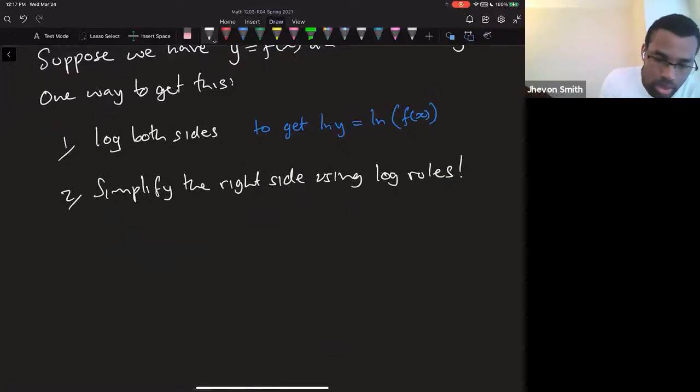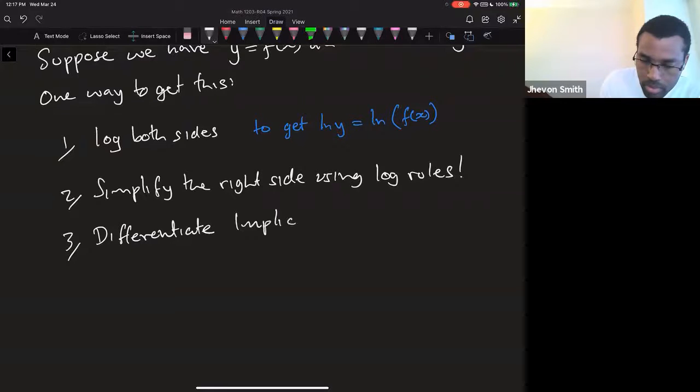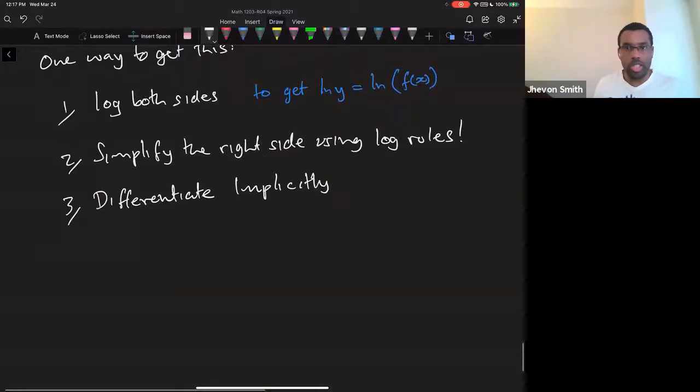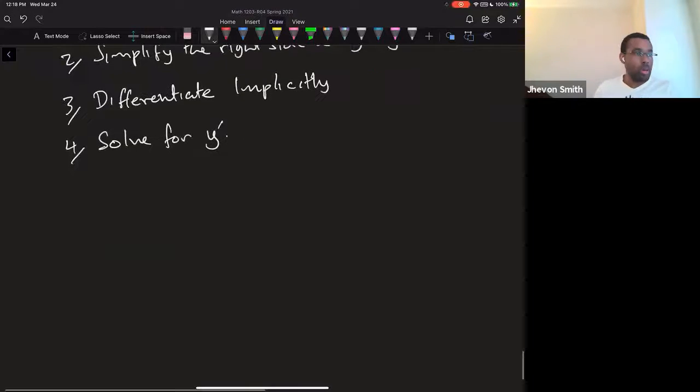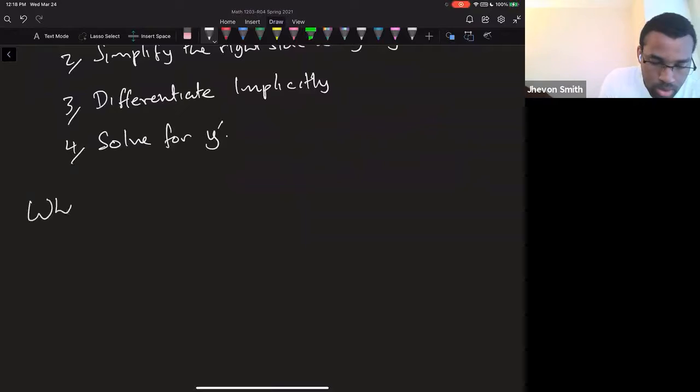Then three, you would differentiate implicitly, because step two makes it easier to differentiate. So now you just differentiate. And then four, you solve for y prime, which usually involves just multiplying both sides by the original y, and the original y you would actually know. When is this useful?